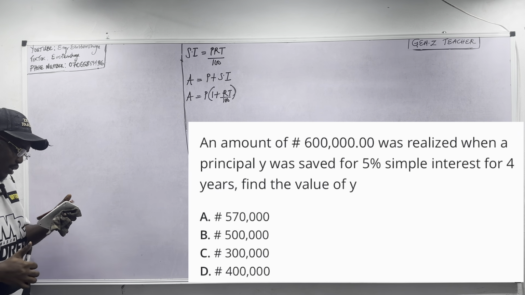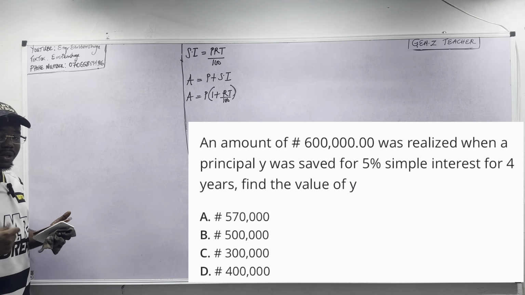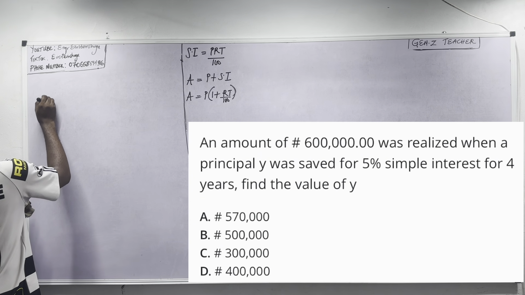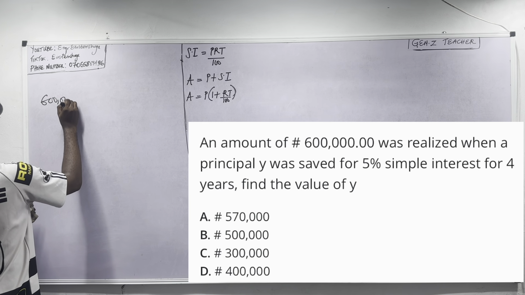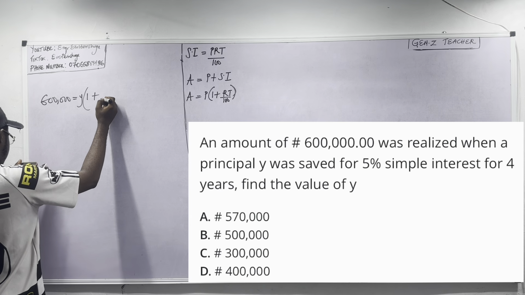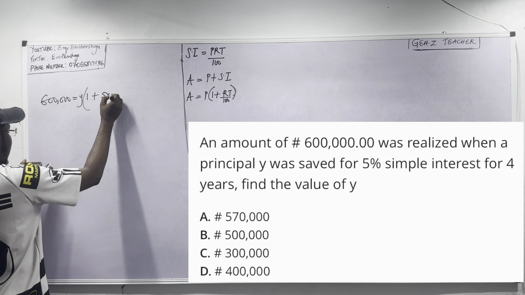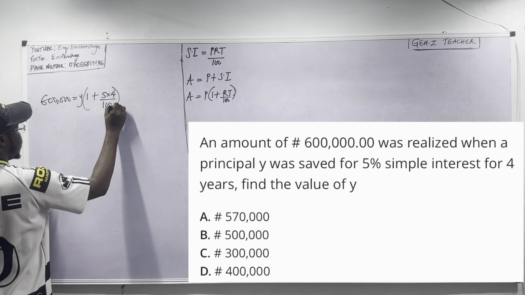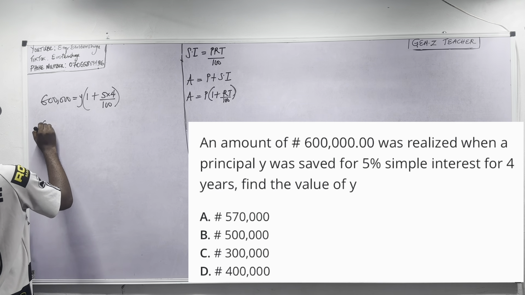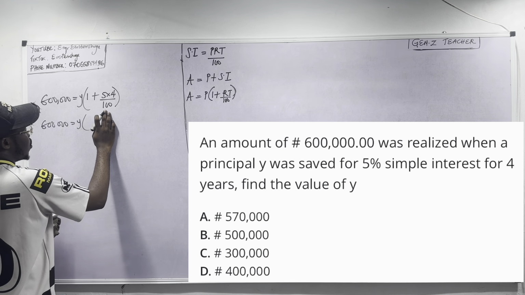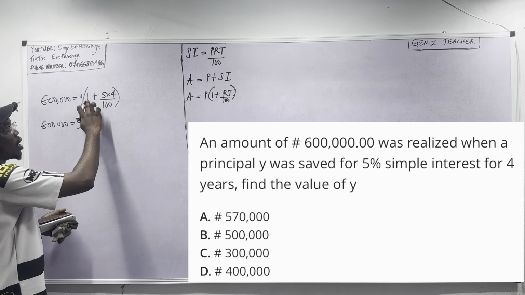Now, from the question, y was the principal. We're asked to find y. The amount was given as 600,000. So 600,000 equals y into (1 plus the rate at 5% times the time of 4 years over 100). Okay, so quickly we're going to simplify. 600,000 equals y into, now what do we have here? 100 times 1 is 100.